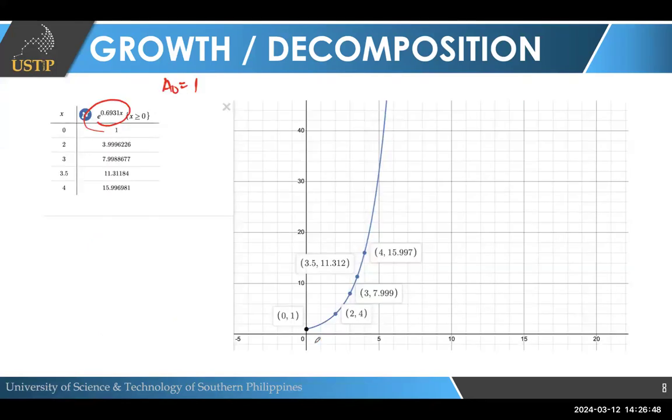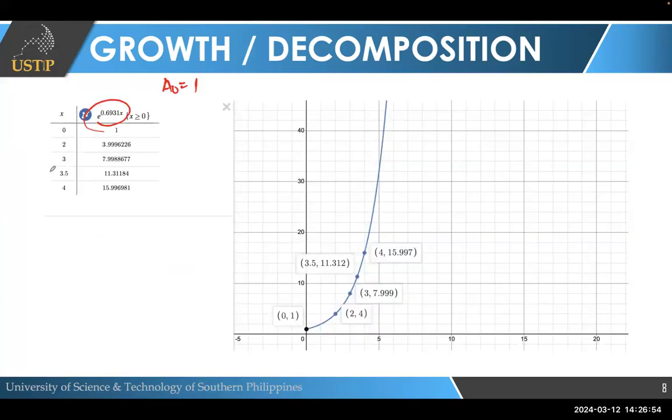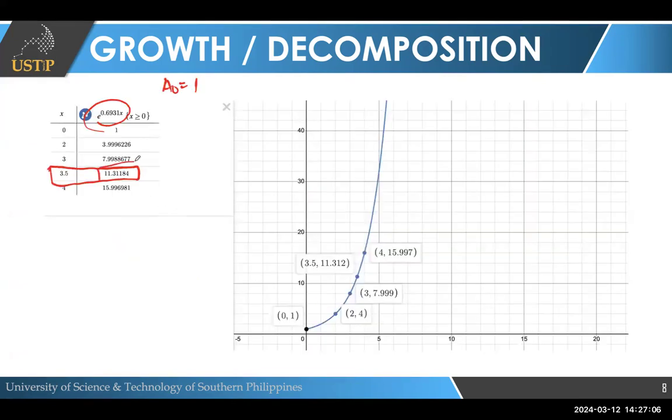Okay, so at 3.5, what happens to our A? It becomes 11 times your initial value. So, this is the value. Again, there is a difference because we rounded up the 11, but actually it is 11 point something, which is 11.3184. This is the value. Okay? This is your time.